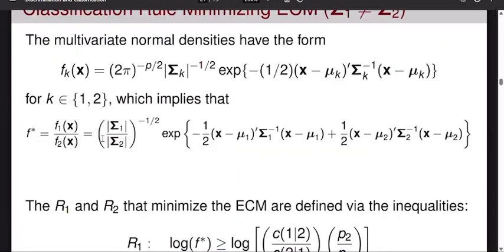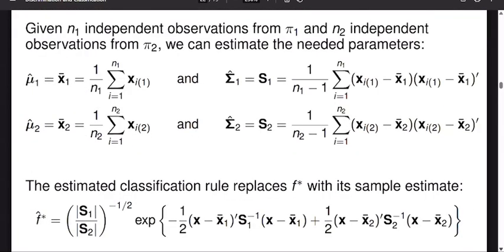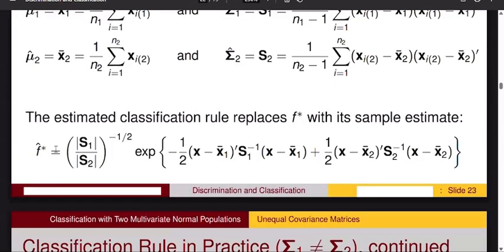What you have here is a population version. Mu one, mu two, sigma one, sigma two are all population parameters. But after estimating them, this is what we're going to have, and this is called the estimated classification rule.